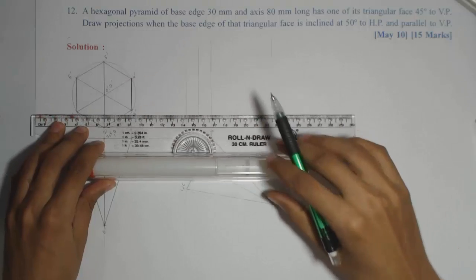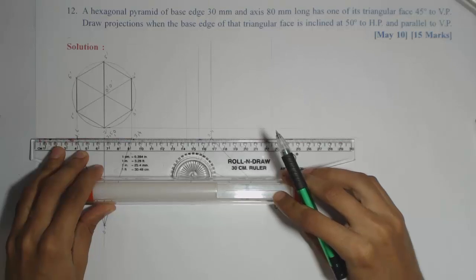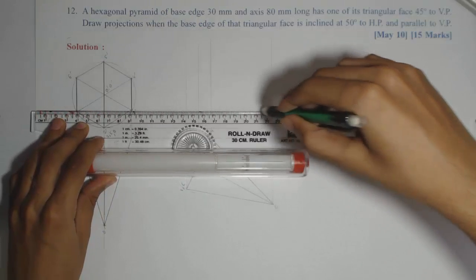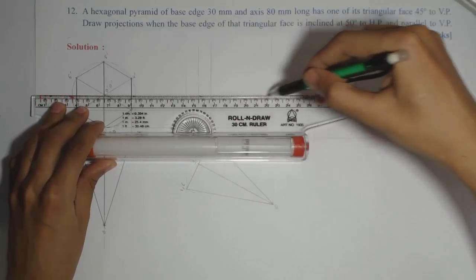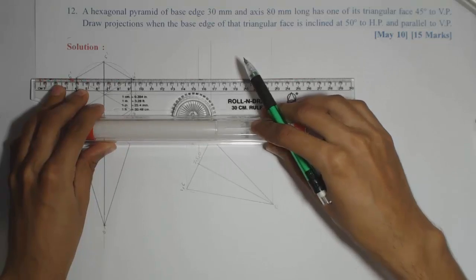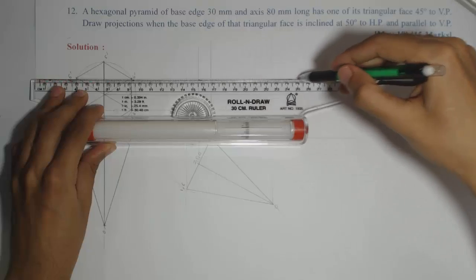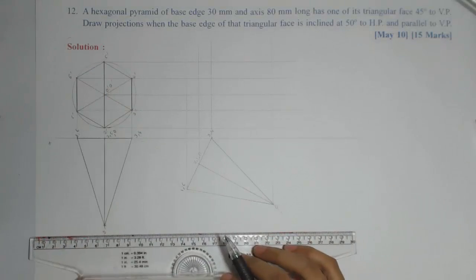We'll get a single projector. If it is not, then we have made some mistake. This should be coinciding. Then center, then 4 dash 6 dash coincide, and then 5 dash. Okay.